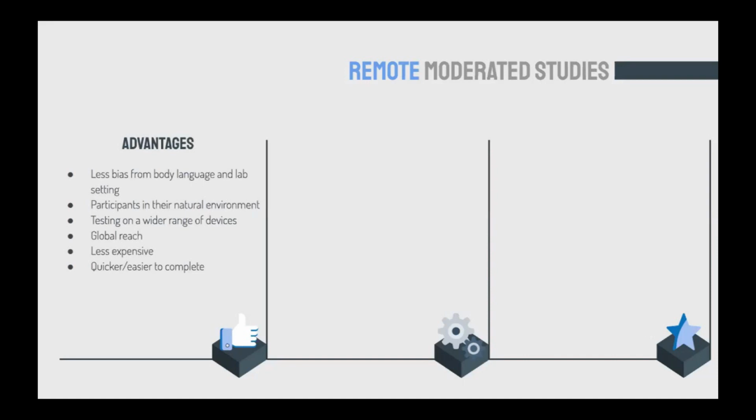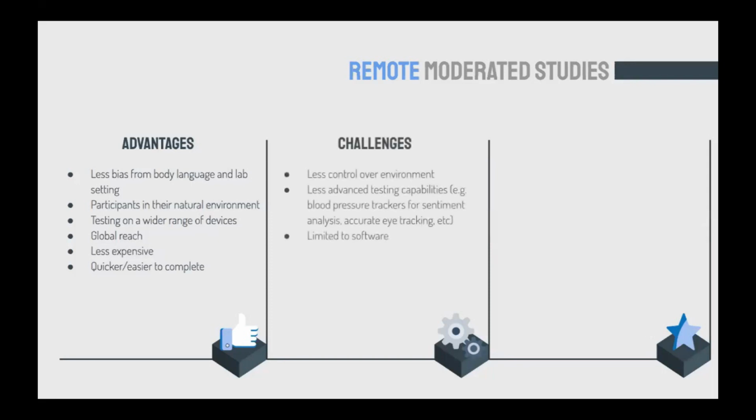In an in-person test, you might have a very specific model of iPhone and a very specific model of Android that you're using to test, whereas in a remote moderated study, you're using the participant's device, which allows you to test on a wider range of devices. You have a global reach as far as participants go. And generally speaking, remote moderated studies are less expensive than in-person studies, which also makes them quicker and easier to complete.